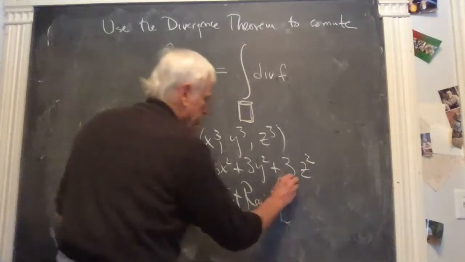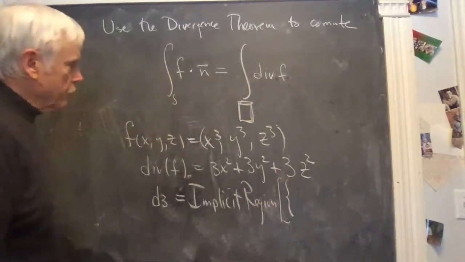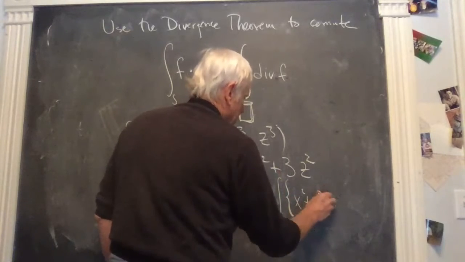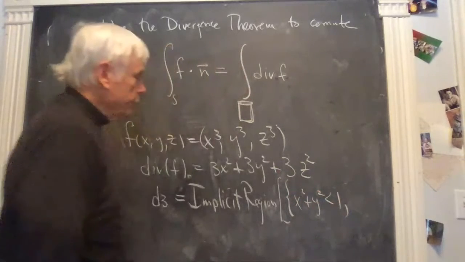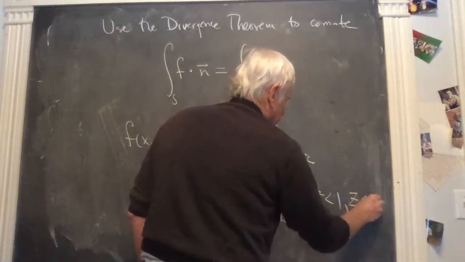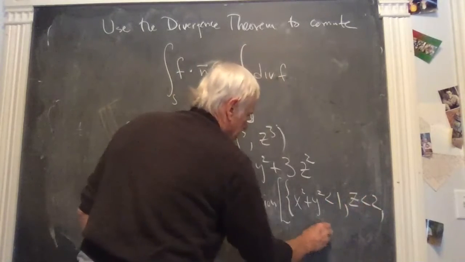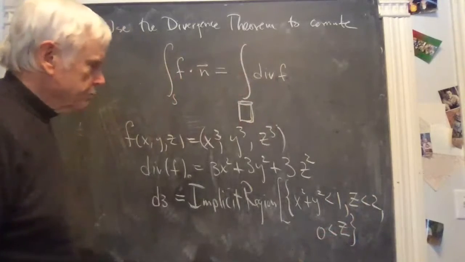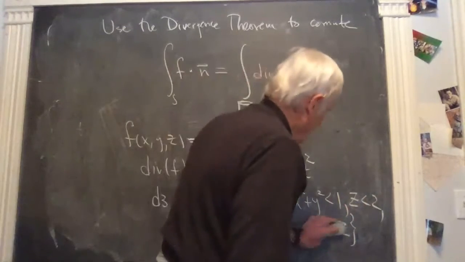And it's got several constraints: x squared plus y squared less than or equal to 1, z is less than 2, and z is bigger than 0.